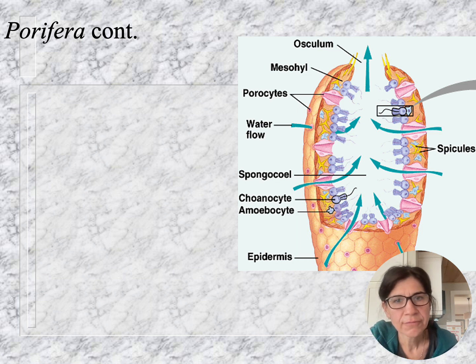That's how they actually feed. And then that water moves up through this hole called the osculum, so it kind of just moves in this circular manner. So they don't have organs.